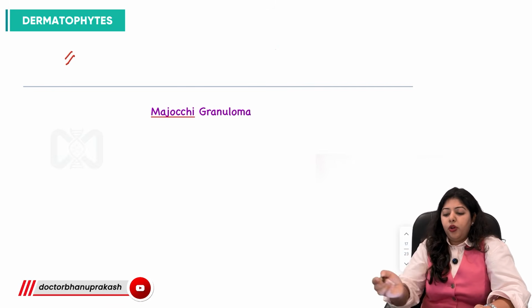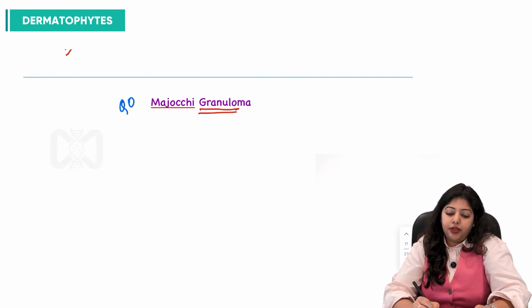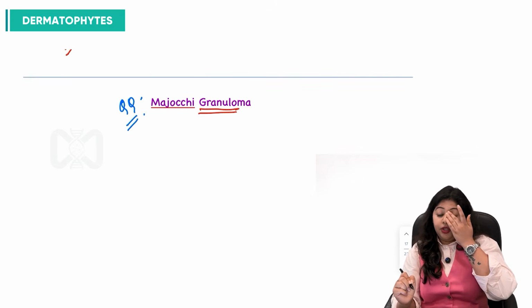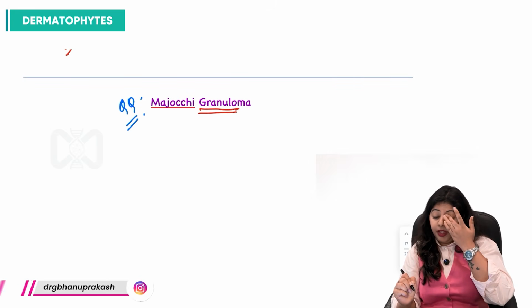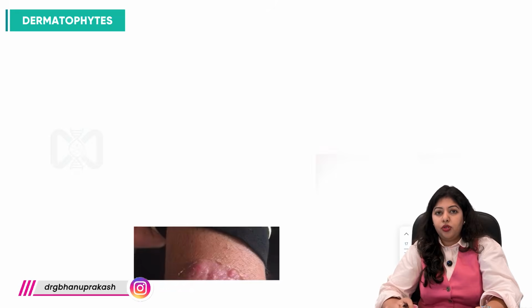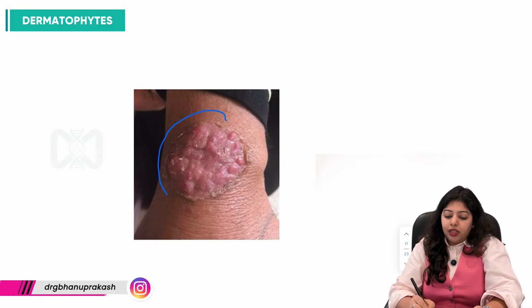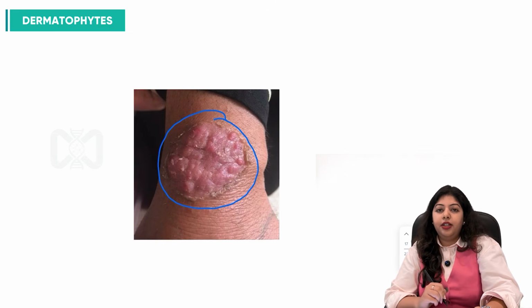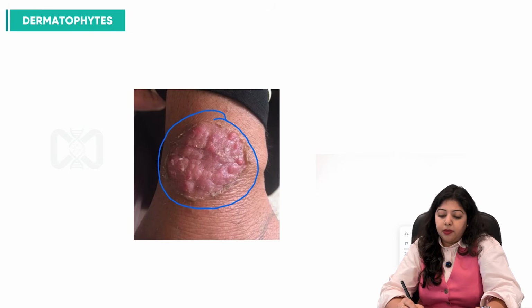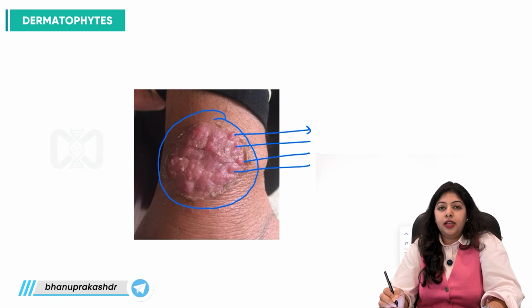So now moving on to another type of granulomatous inflammatory reaction, which is a very hot topic nowadays. It is Majocchi granuloma. So what is this kind of granuloma? Can you see this well demarcated lesion which has multiple nodules, right?